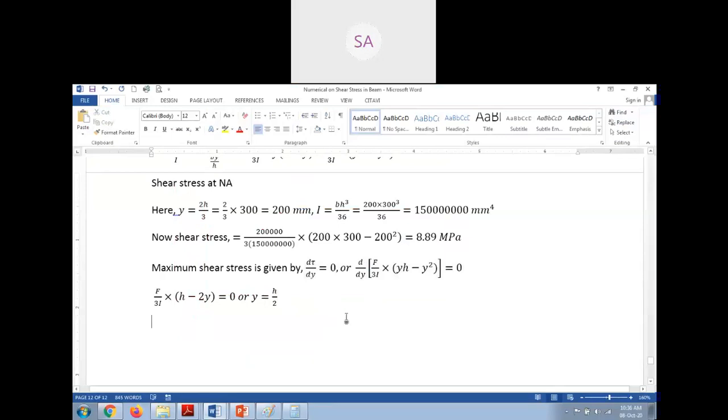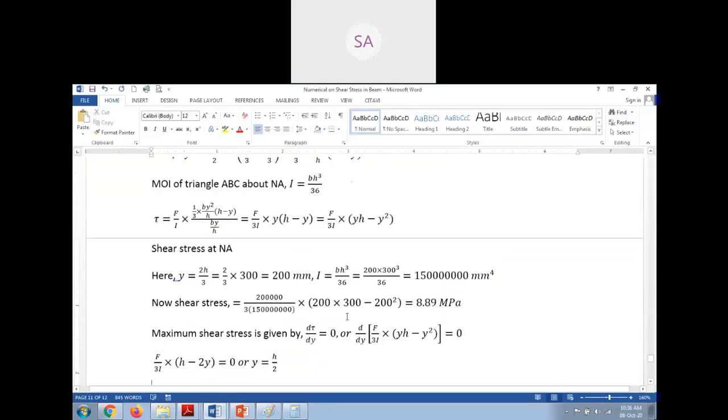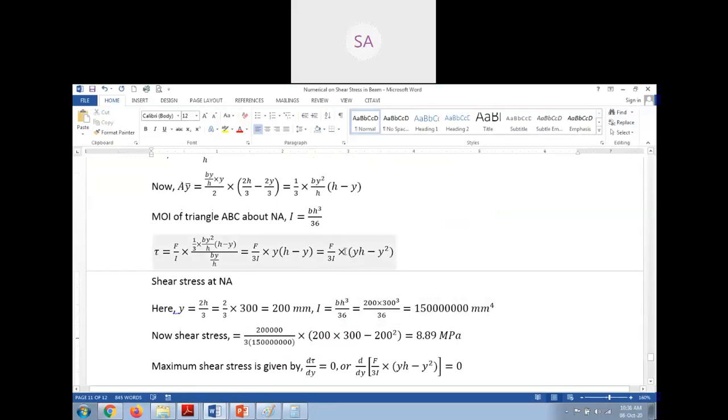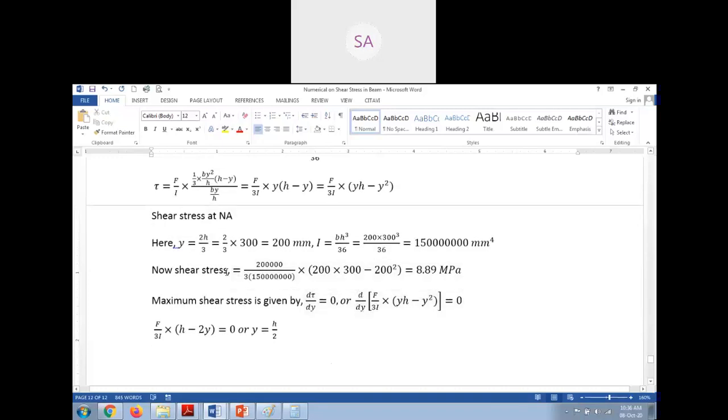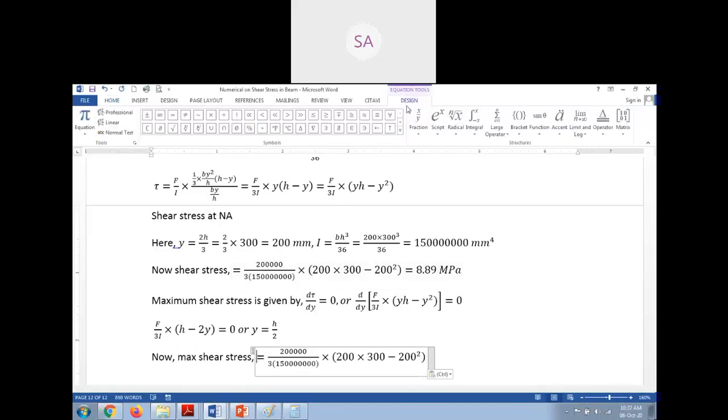Now let us find the value of maximum shear stress. How to find the value of maximum shear stress? Use the same equation that we have used here and put the value of y as h by 2. That's it. So I'll copy this expression again. Maximum shear stress, I will call this tau max.